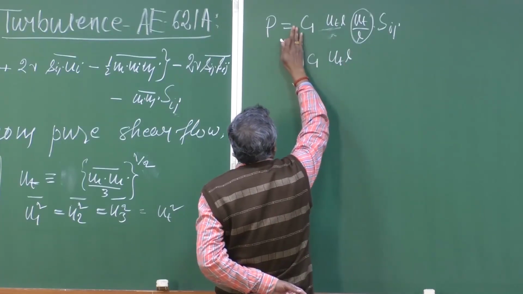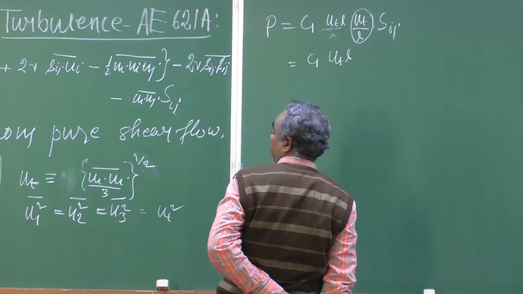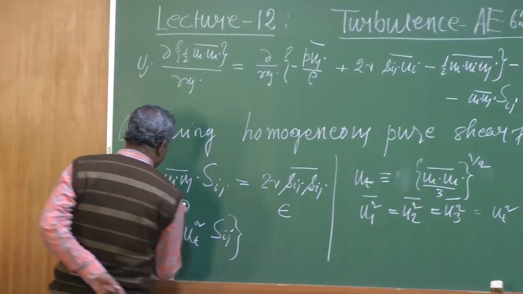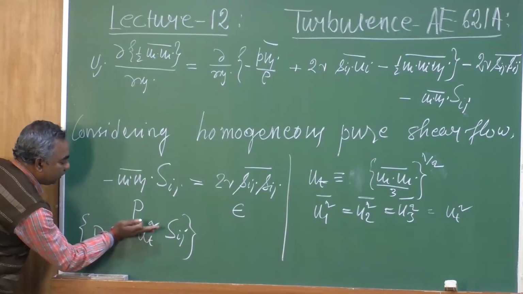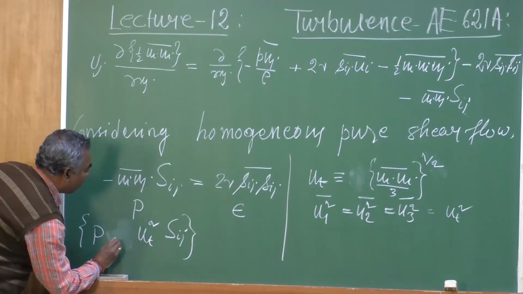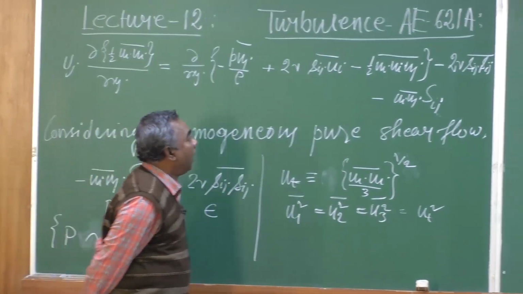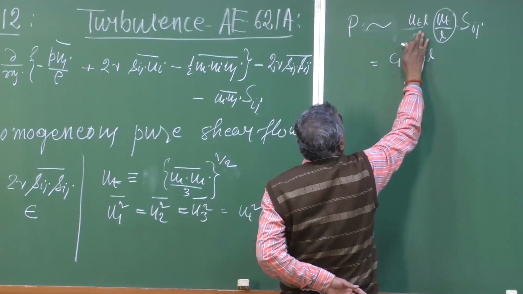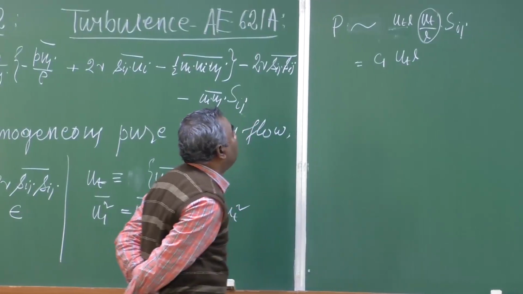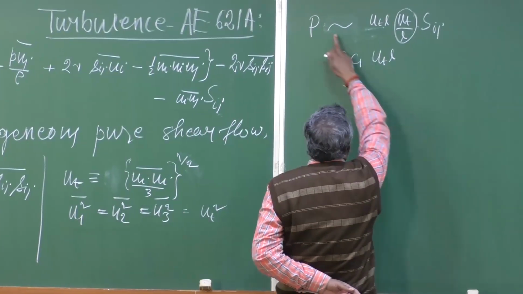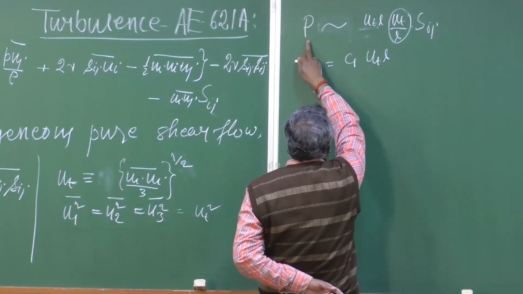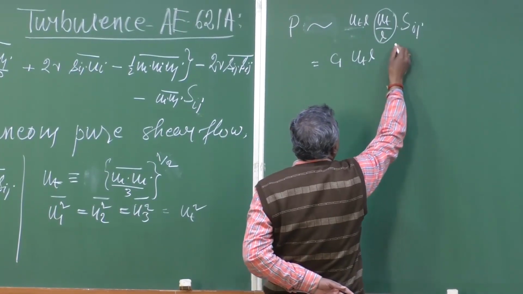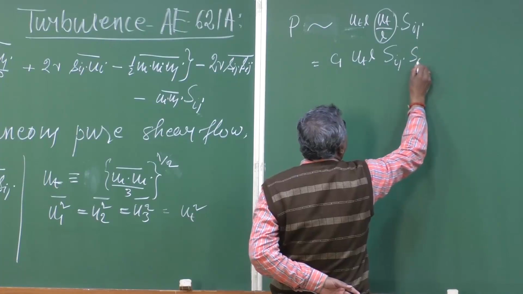Let me consider C1 a little later. So, this can be written as of the order of this, and if I equate that production is equal to some constant C1 into ut into L, this I can write as Sij.